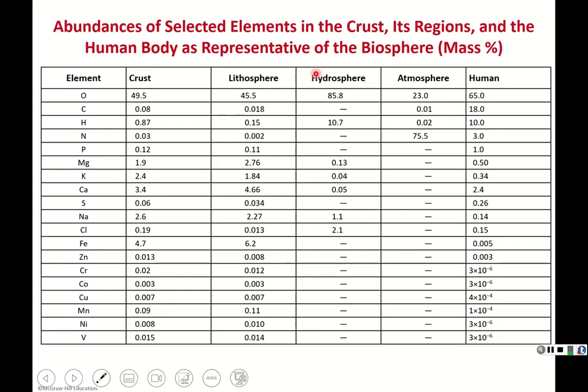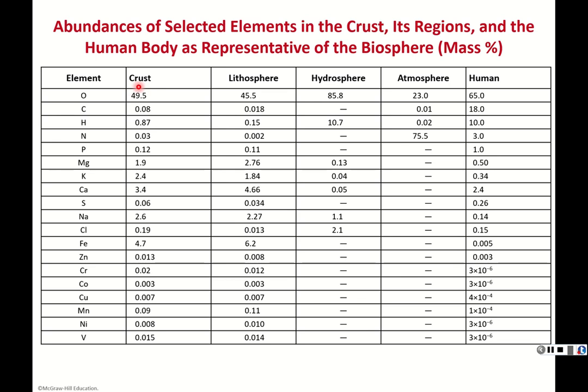Here are the abundances of some selected elements in the crust. It's very interesting to note oxygen as an element actually makes up about 50% of the crust of the Earth, which you might not think, right?